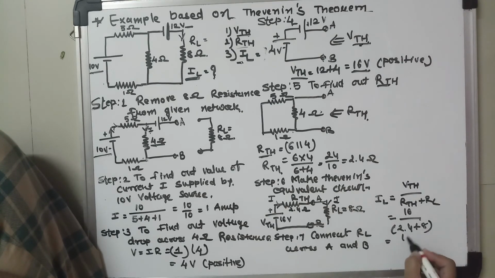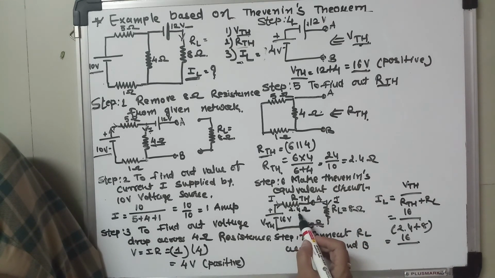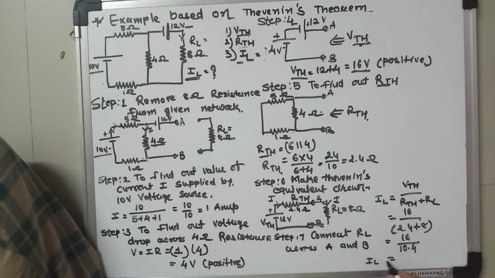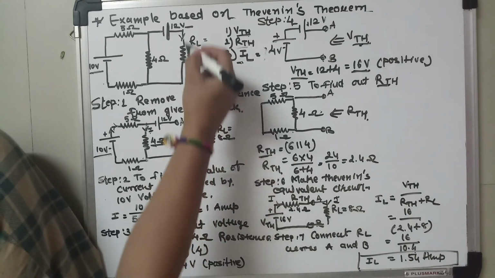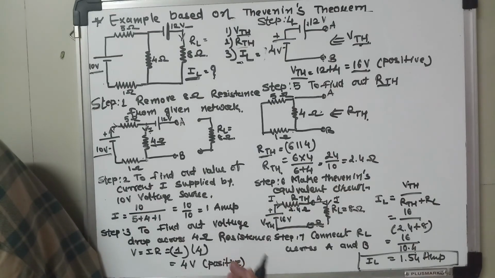So finally 16 divided by 8 ohm in series with 2.4, that is 10.4. So finally IL will be 1.54 ampere. This way you can find the value of the current passing through the RL by applying the Thevenin theorem. Thank you.